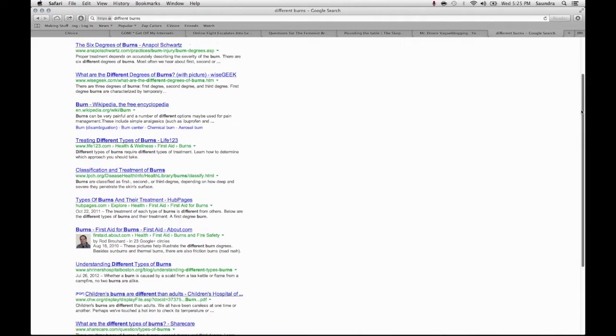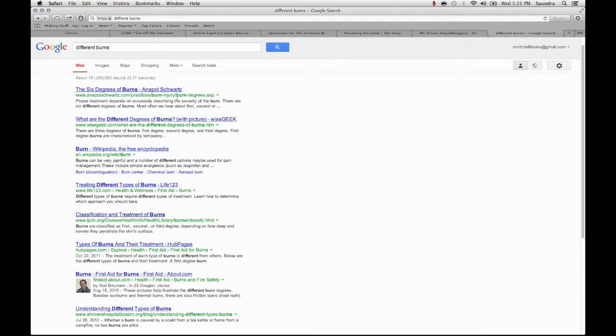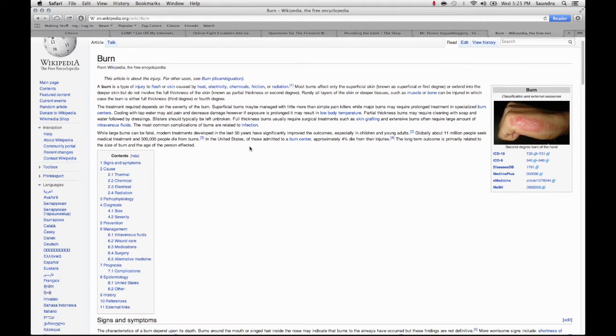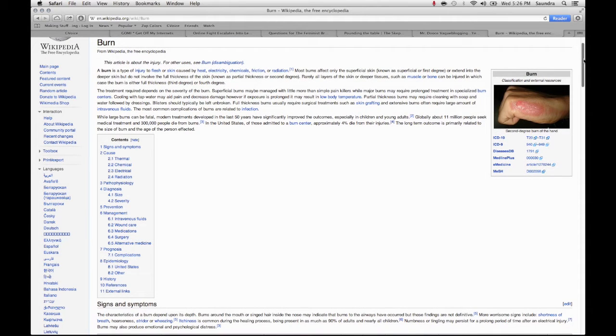Wikipedia. Now, Wikipedia isn't always a good site. It's a good place to start, so we will go there to start with, and it does give a lot of information. But what you want to do before you do that is you click on there and scroll all the way down to the bottom. Go all the way down.